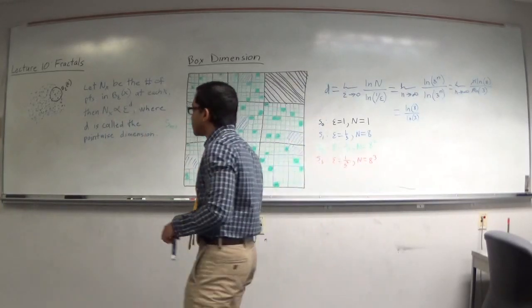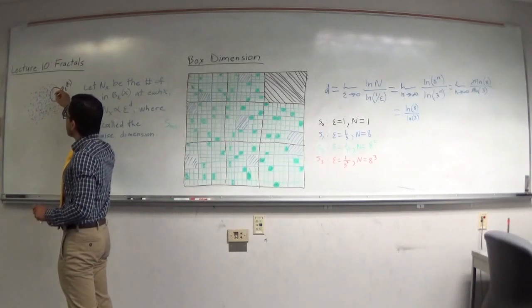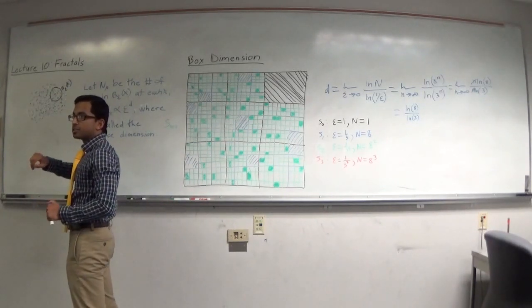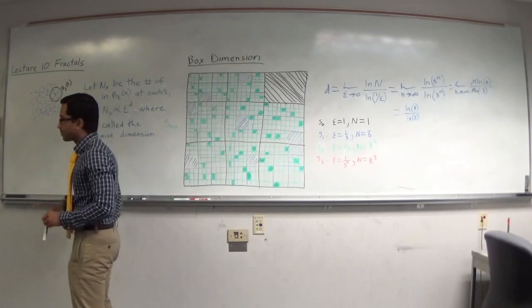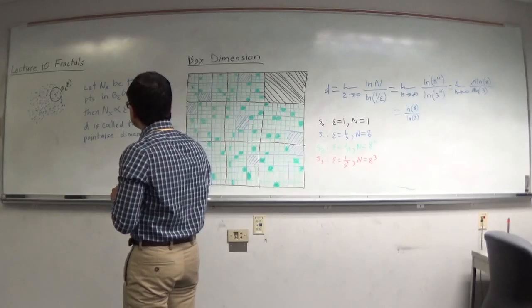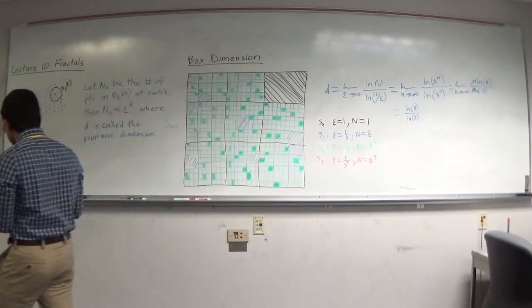So what we're going to want to do is do this sort of thing for a lot of different x's. We're going to just average over many, many x's. So let me write it like this.